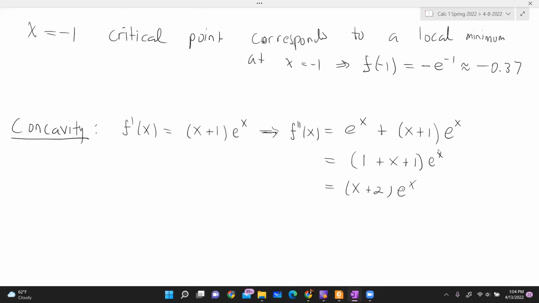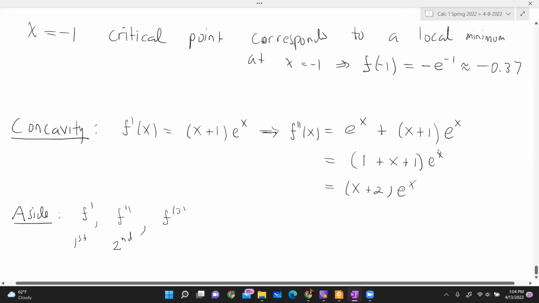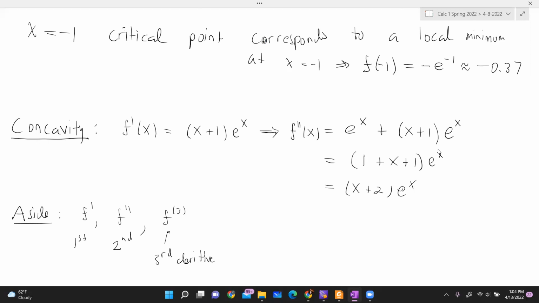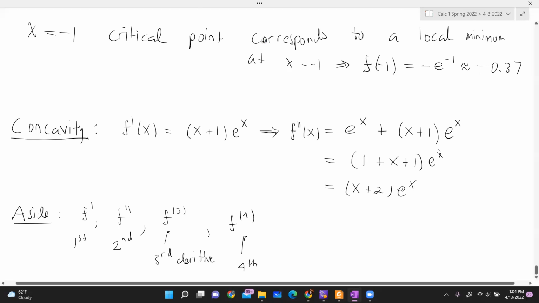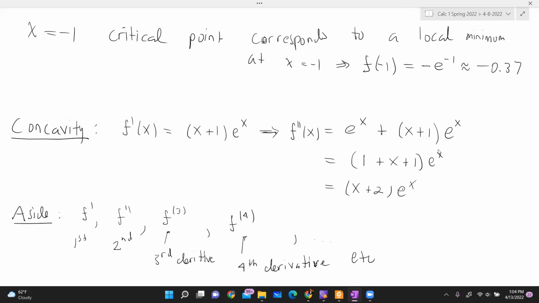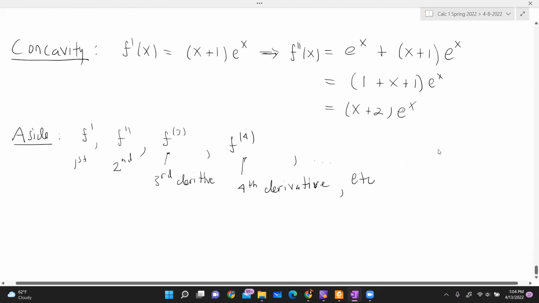So just to point this out as an aside, this is the first derivative, this is the second derivative, and at this point it gets annoying to write primes all the time, so we use this notation to write the third derivative, and then this is the fourth derivative, and you can just keep going, etc. So for the first one, that corresponds to f of 0, 0 meaning you don't take the derivative at all.